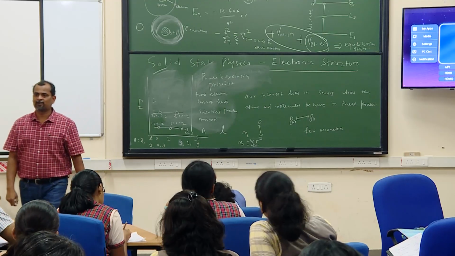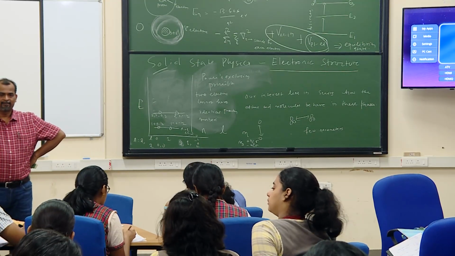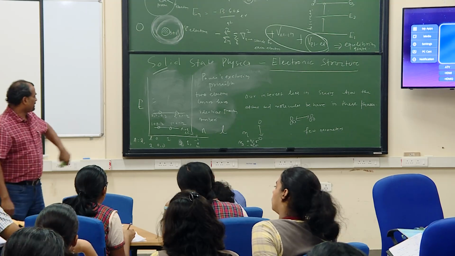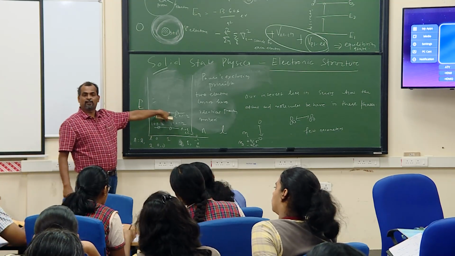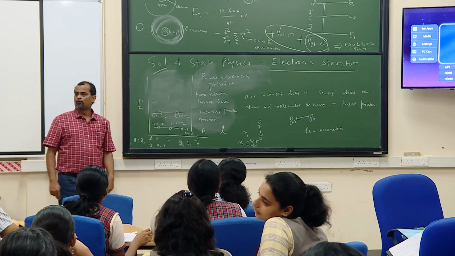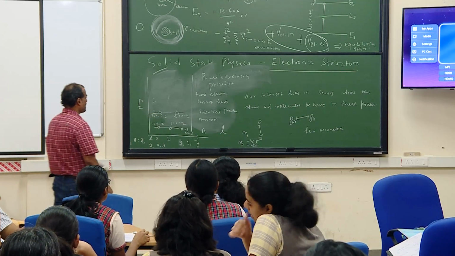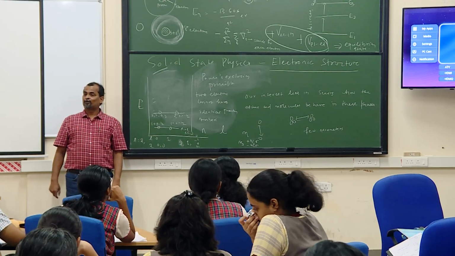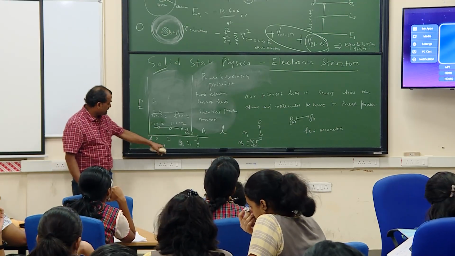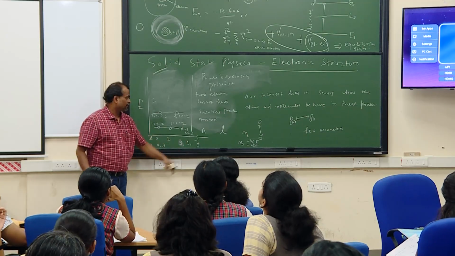How many electrons are left? We finished 2 electrons here, 2 electrons here. How many are left? 4 electrons. Am I correct? Okay. Now how do we occupy those 4 electrons? Let's look at the next quantum number, N equal to 2, L equal to 1.